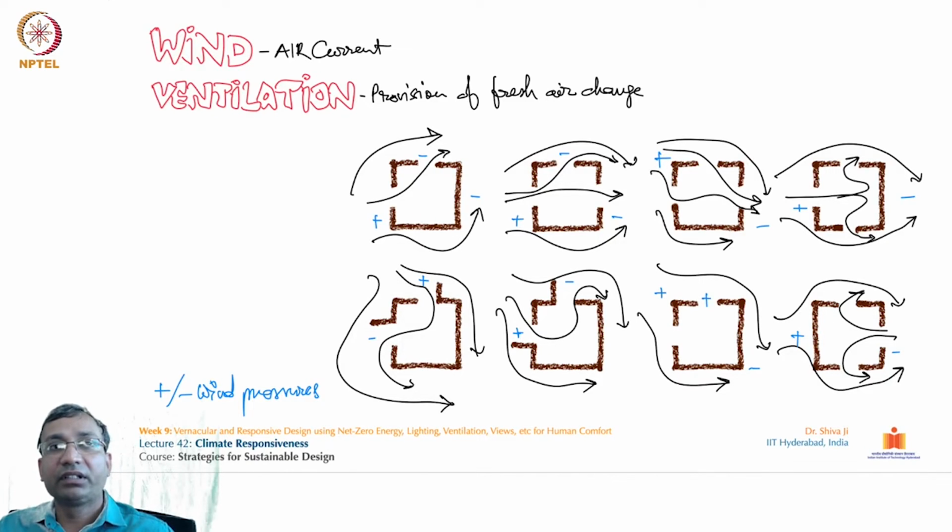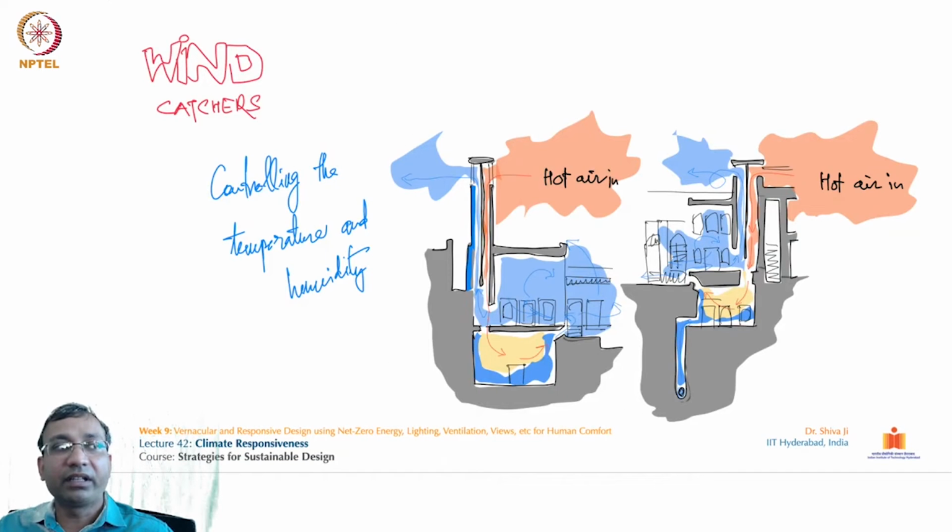Further to this, we will see this slide over here. It talks about controlling the temperature and humidity inside the premises of any given building. This example we saw in one of the pictures in the vernacular lecture, the wind towers. The main function of these wind towers is to receive the wind and bring it down into the lower quarters of the building.